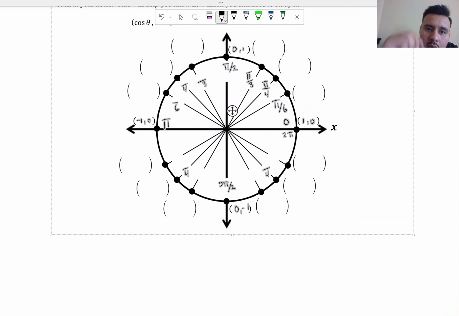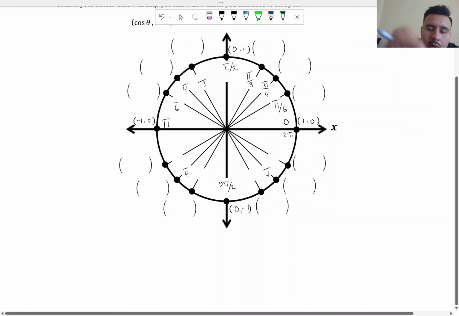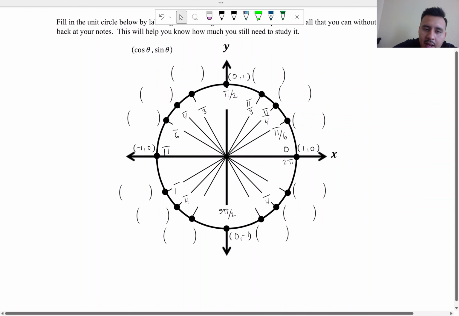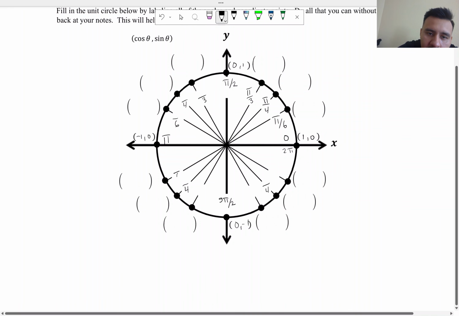It's going to be over 6. And then the top one, the one furthest away from my x-axis, is going to be over 3. So that means this one's going to be over 3 as well.